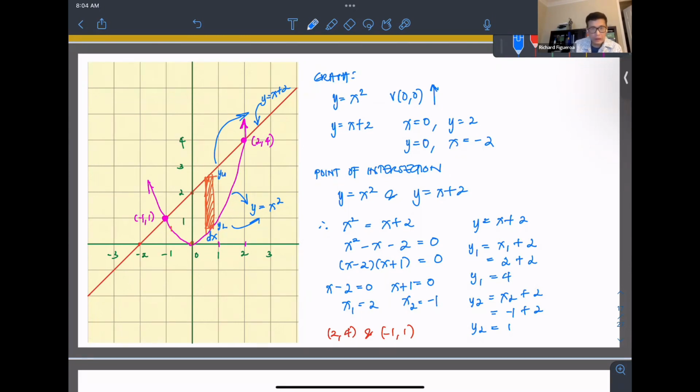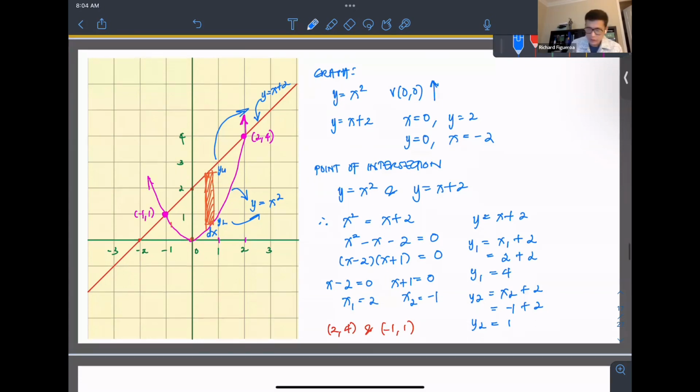A vertical strip is okay. Whether you move in whatever direction, left or right, the strip never touches the same function. The upper function will always be the line, and the lower function will always be the parabola.